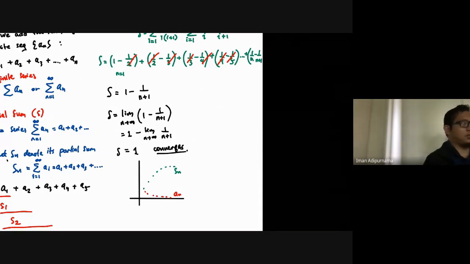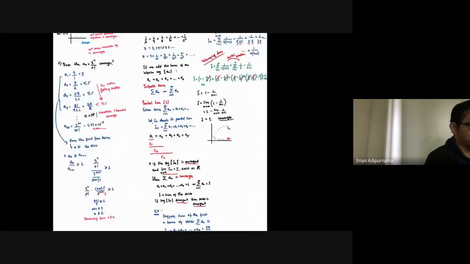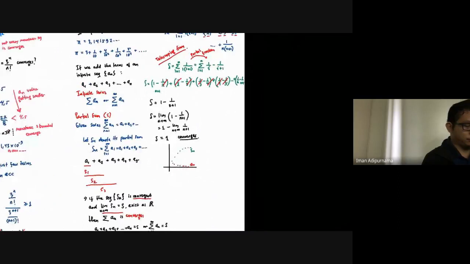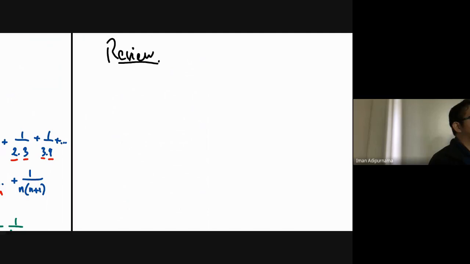Okay, we can move to review for chapter 10. Any questions about telescoping sum? Okay, review.